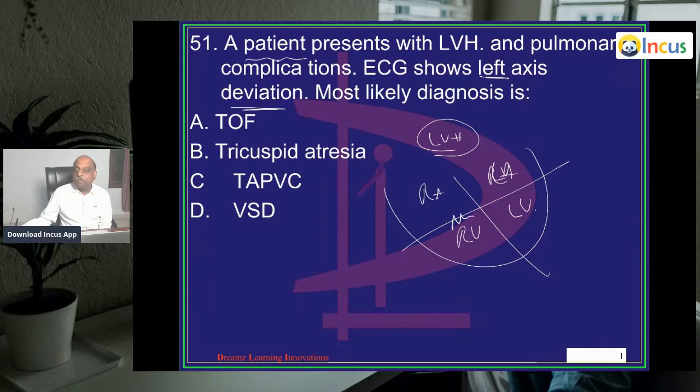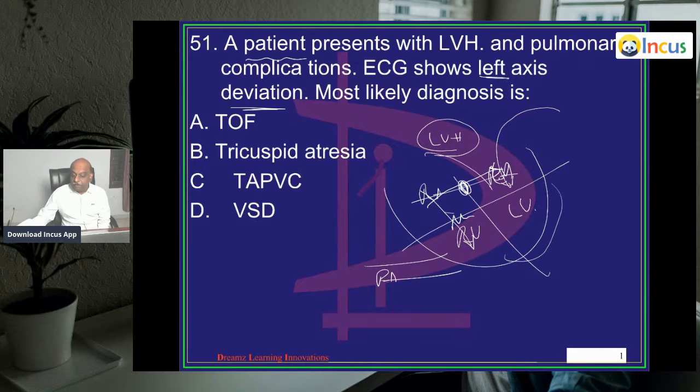Assume there is a tricuspid atresia. The blood cannot flow easily from right atrium into right ventricle into pulmonary artery. So what will it do? It will move from right atrium into left atrium. Left atrium receives the regular blood and also the shunted blood. Together this will lead to left ventricular hypertrophy, leading to left axis deviation.